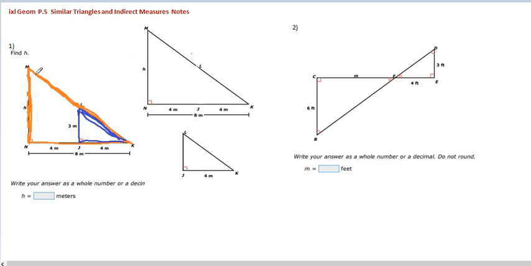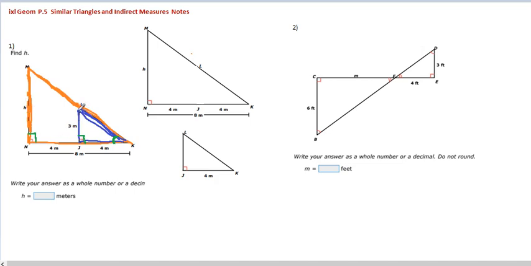Pretty much what they've done is laid this little triangle inside of this larger triangle. This one has a right angle here, this one has a right angle here. They both share this opening, that angle right there. The larger triangle has a height of h.